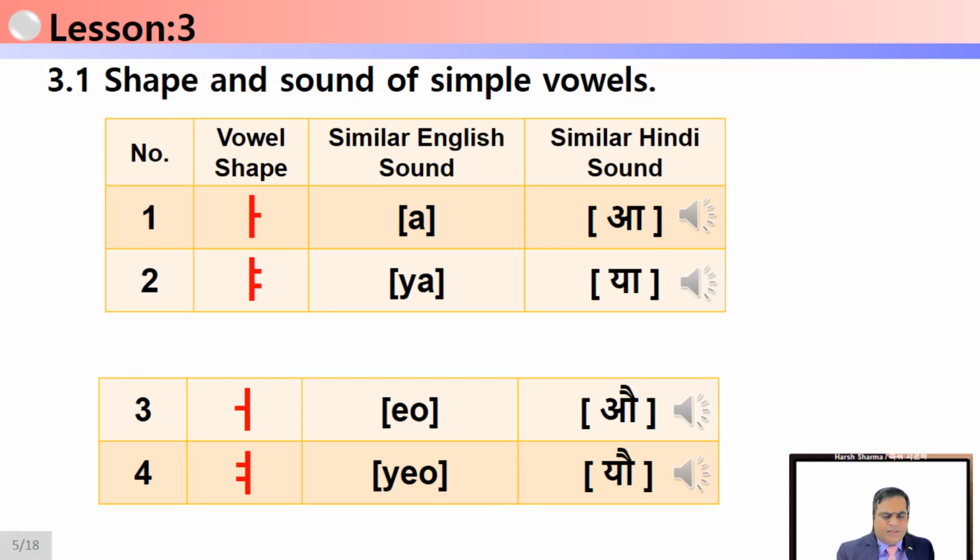Coming to number 3. See the shape: one vertical line, one small horizontal line in the center towards the left side. Sound is aw. Make this shape also 5 times.